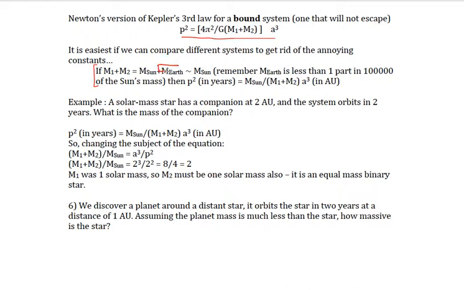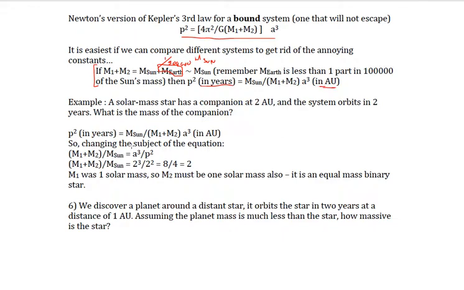Remember that this is about 1/300,000th of the mass of the Sun, and so we neglect that. So the sum of the masses is essentially the mass of the Sun. And then the period squared, if that's in years, equals the mass of the Sun divided by the sum of the masses in whatever system you're thinking about, times the semi-major axis, again in astronomical units.